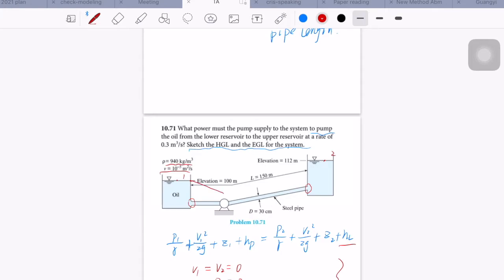There is an upward rise, then we'll go down. So this is EGL.